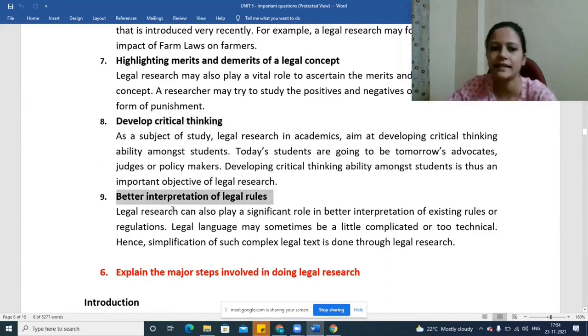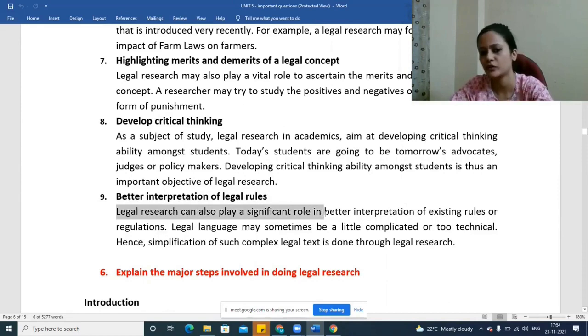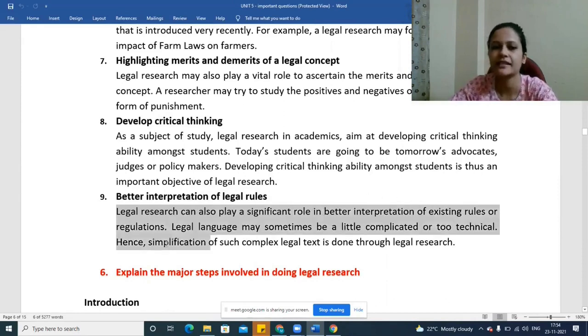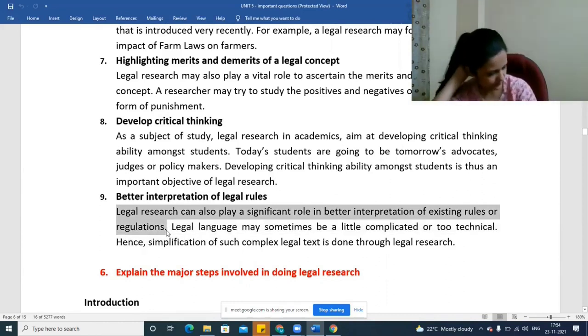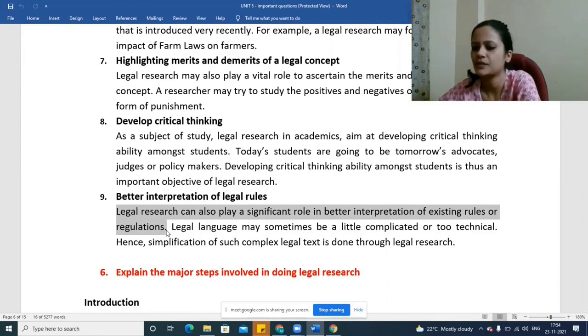And lastly, better interpretation of legal rules. Legal research can play a significant role in better interpretation of existing rules or regulations. What is interpretation? To conclude something, to derive some meaning out of something.